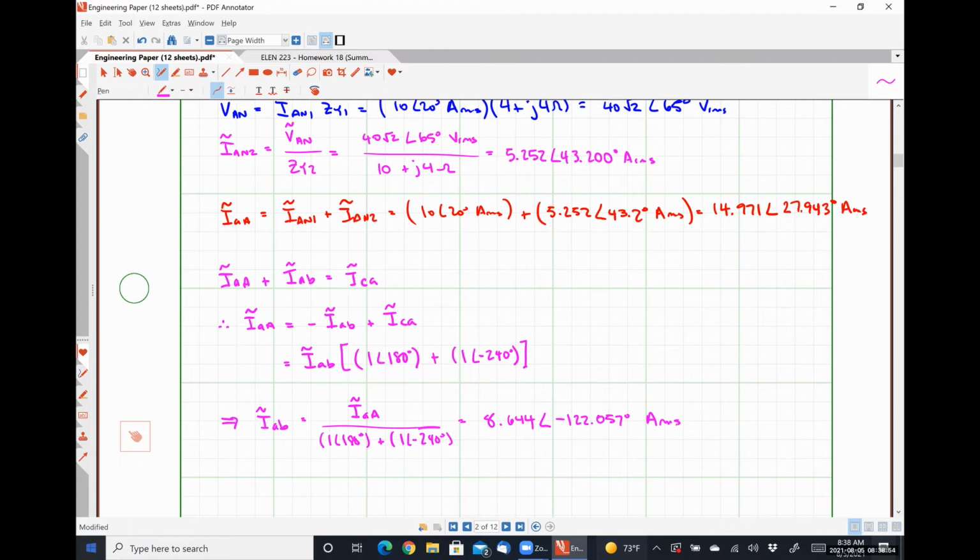So anytime we have those conversions, it's always going to be some integer multiple of 120 degrees shift, and then plus or minus 30, depending on what direction we're going. That's another handy way to check whether your answer seems like it should be in the ballpark. Did the magnitude change by some factor of square root of 3? Probably all right. Did your angle change by 120 degrees plus or minus 30 degrees? Probably all right.